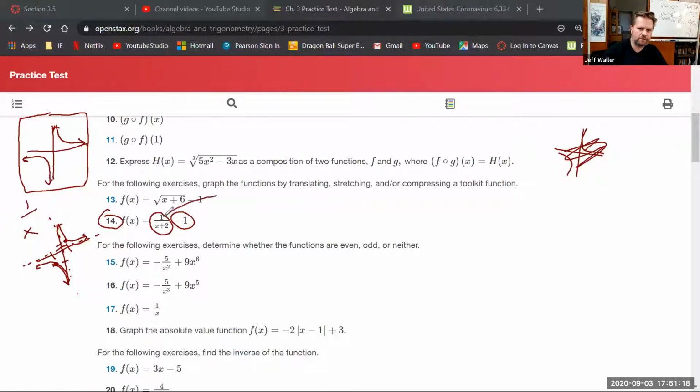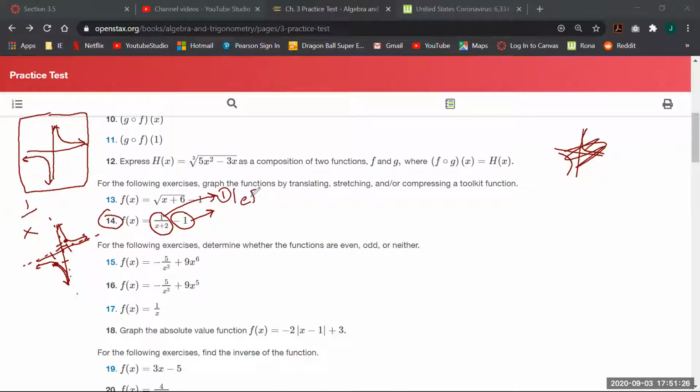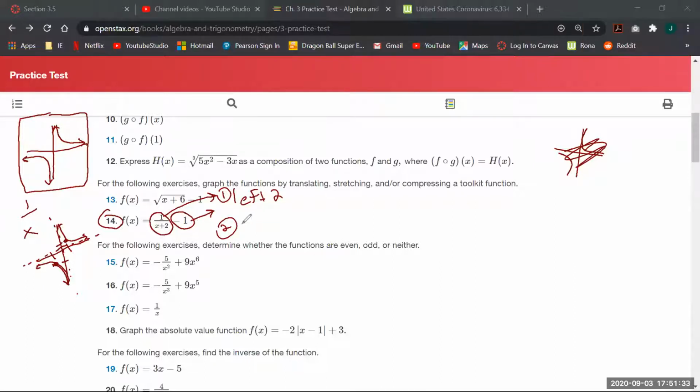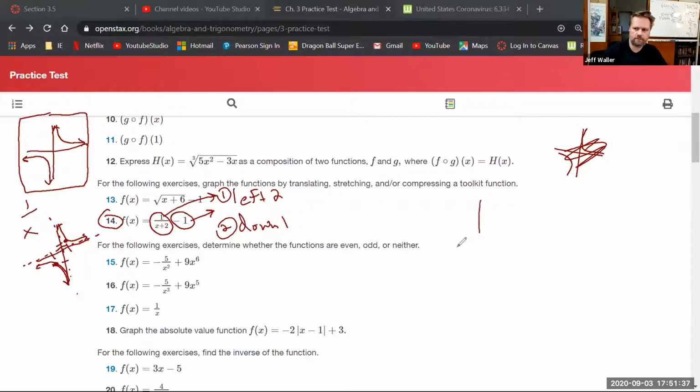So what are the two shifts? What's this first one here? Left 2. Good, yes. And then this one's going to make it go down 1. So I start, let's see if I can do this any better, with 1, 1.